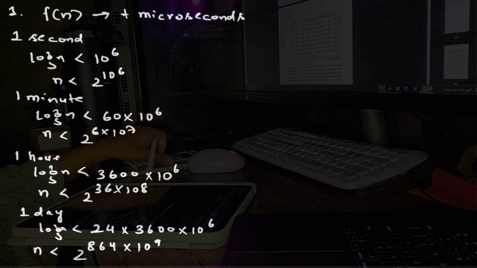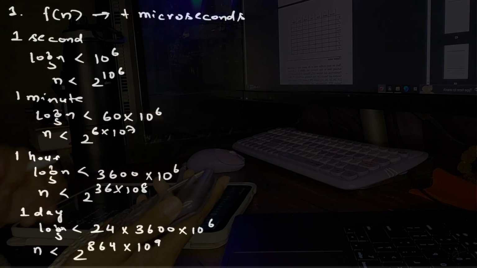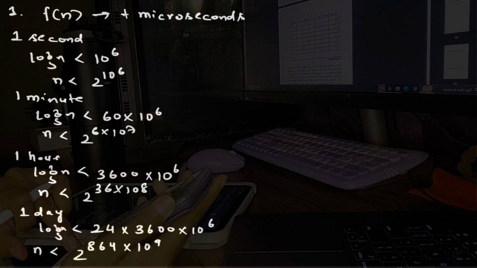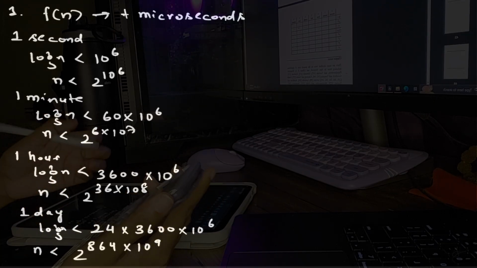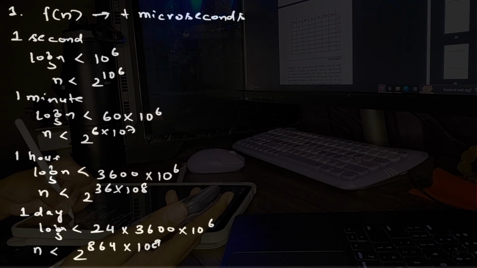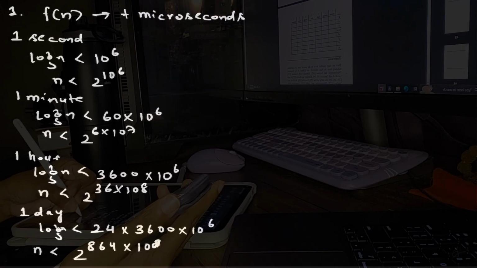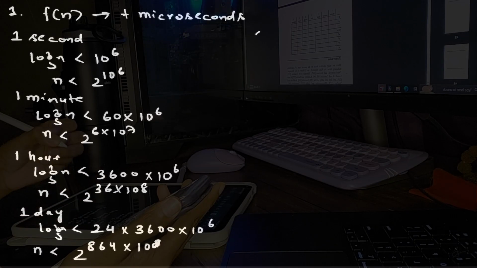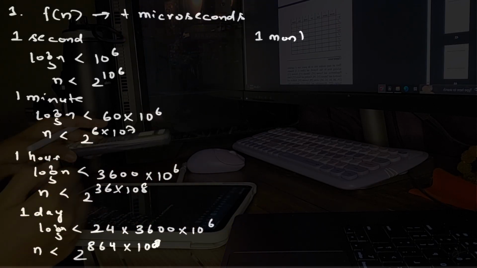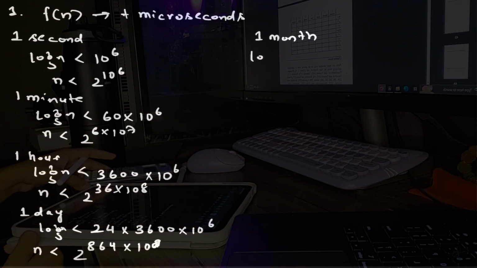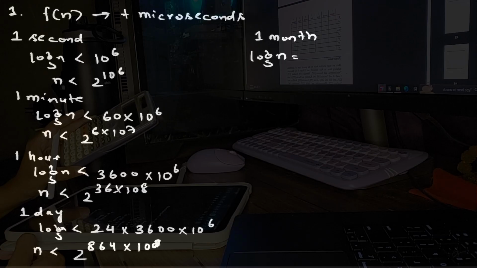I can also write 10 to the power of 8. Yes, that would be in 1 day. Then for 1 month, we'll take that each month has 30 days.